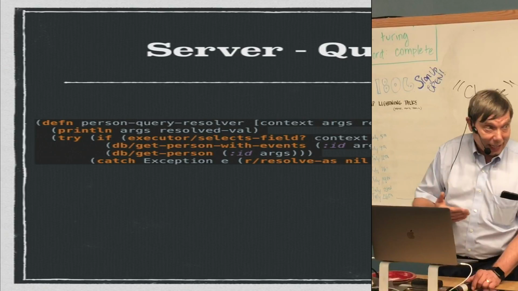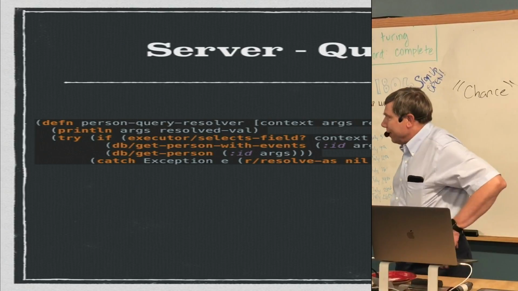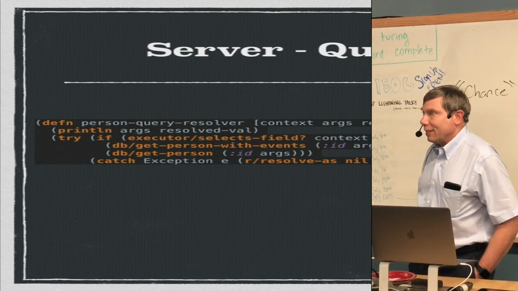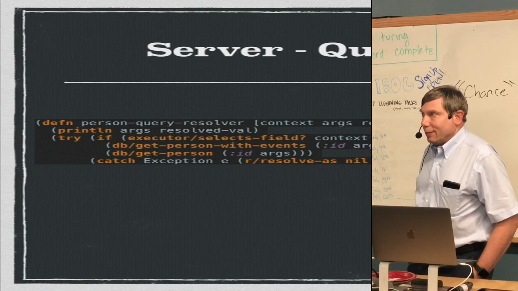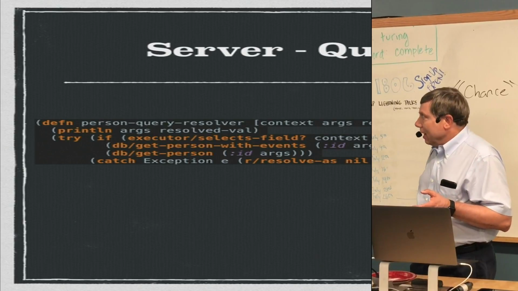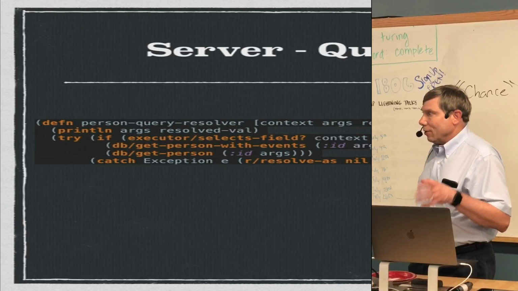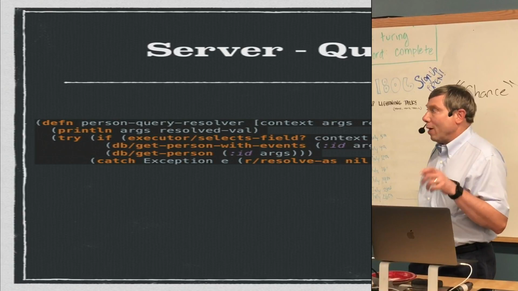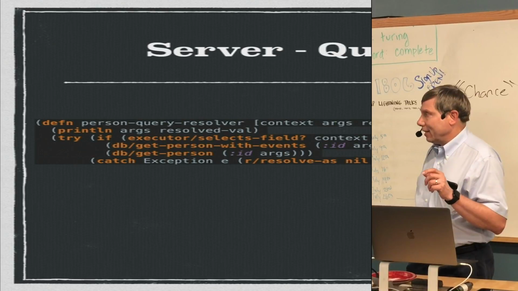Okay, this is one of my query resolvers. It's pretty simple. You have a context, which has a whole bunch of stuff in it, some of which is internal. It contains all the fields for the query, and if you want the resolver to do something with authorization, authentication, and so forth, you would put stuff in the context to allow it to do that.